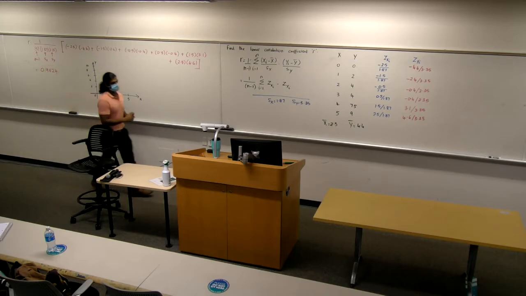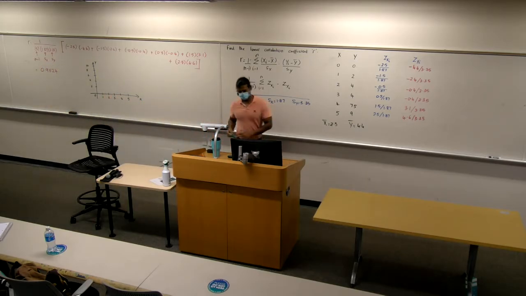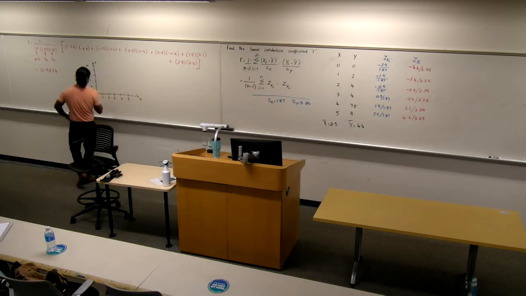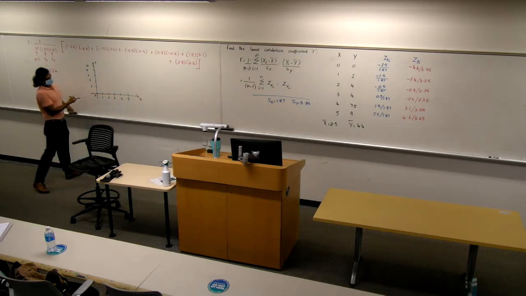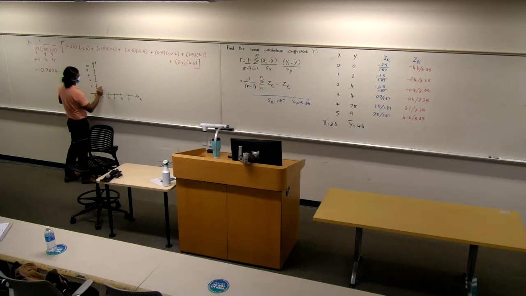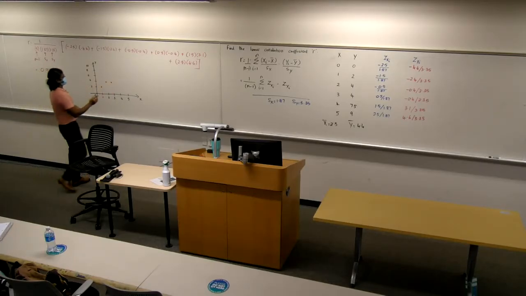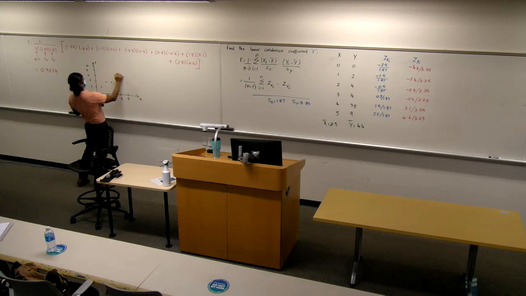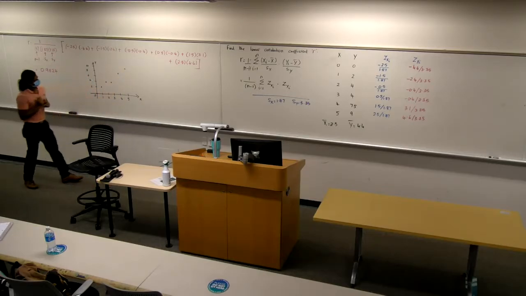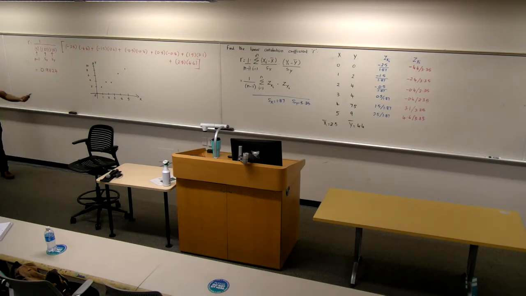So first observation, second, third, fourth, 7.5, probably right there, and 9. That looks pretty linear, agreed. So we should expect a value close to 1.